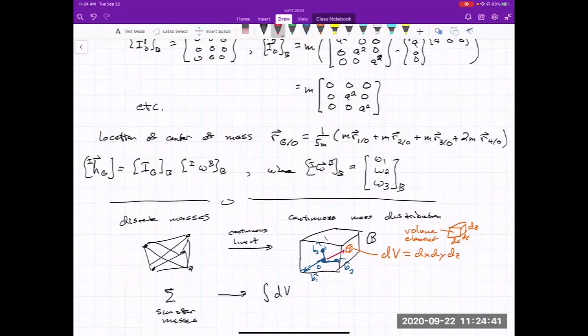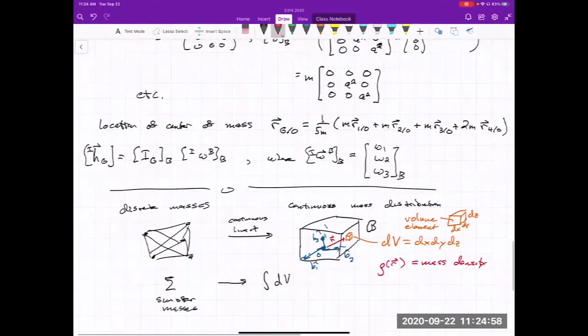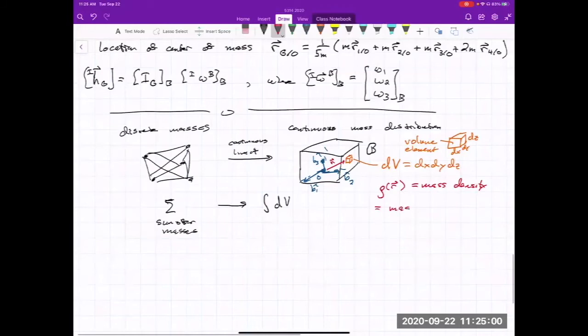And each volume element would have some kind of density associated with it. So here's our R. We might write it as rho, or we might write it as mu, but this is a mass density, meaning this is the mass per unit volume.